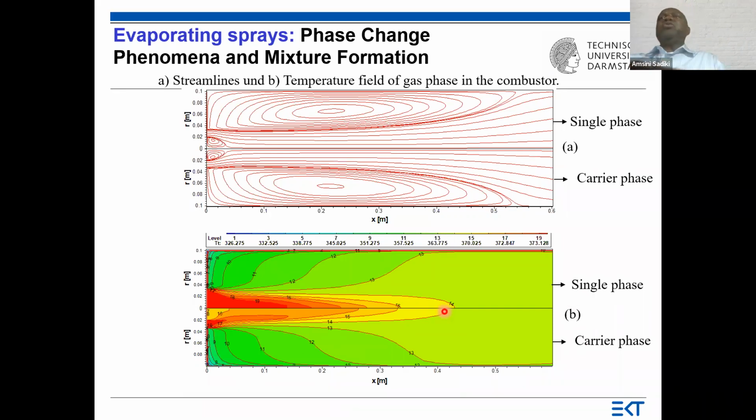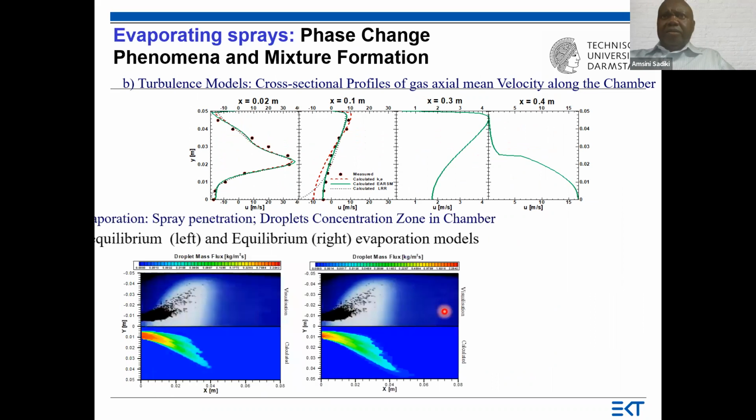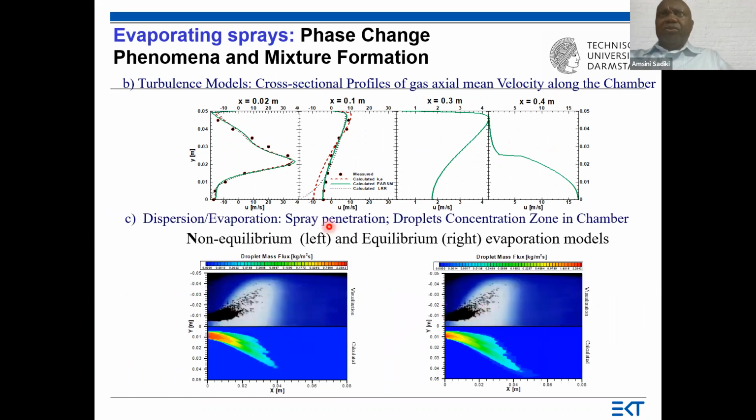And the question was how we can quantify these things with respect to the mixture formation. That is why we try first also to quantify their profiles. First, we try to compare the prediction using different turbulence models. And here, the first one was the K epsilon and the explicit algebraic Reynolds stress.